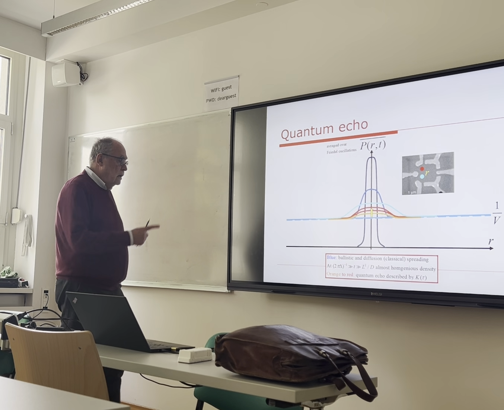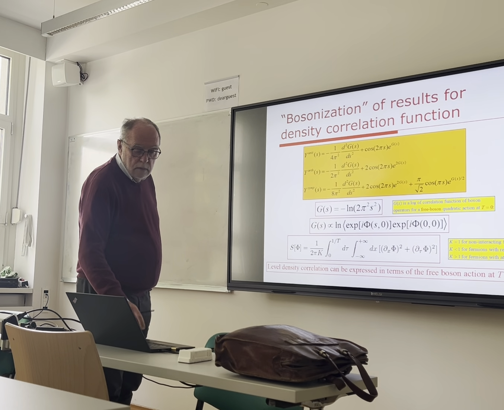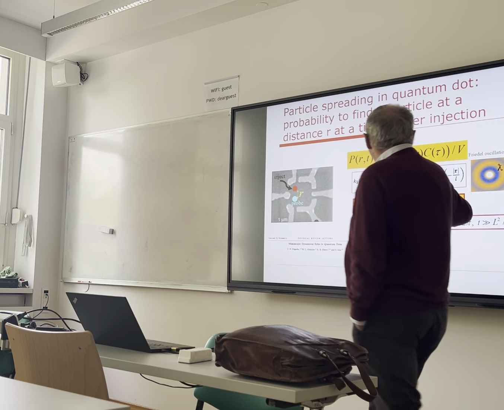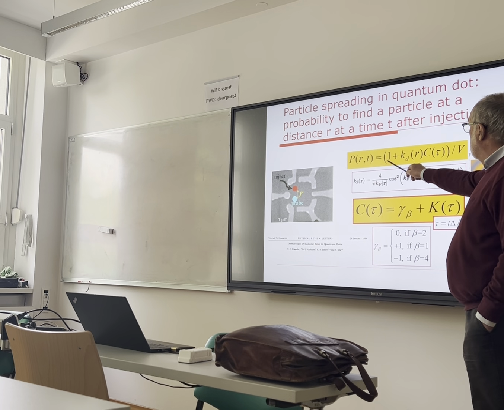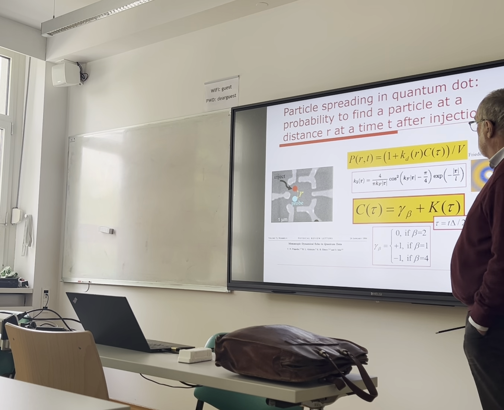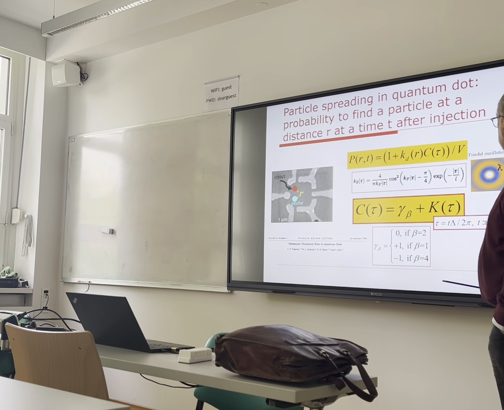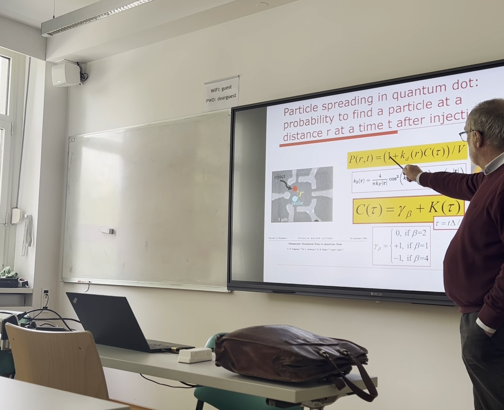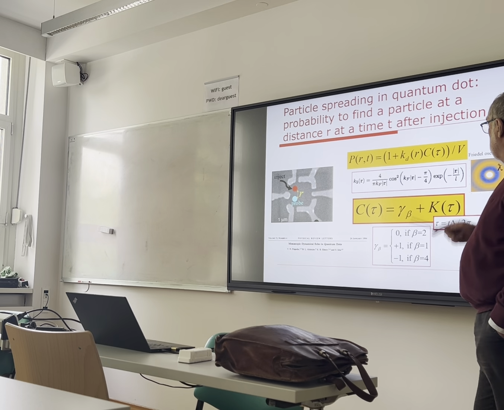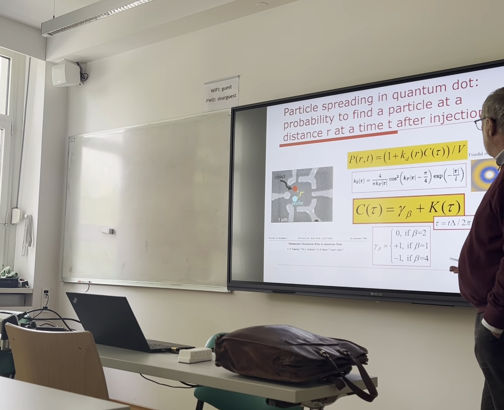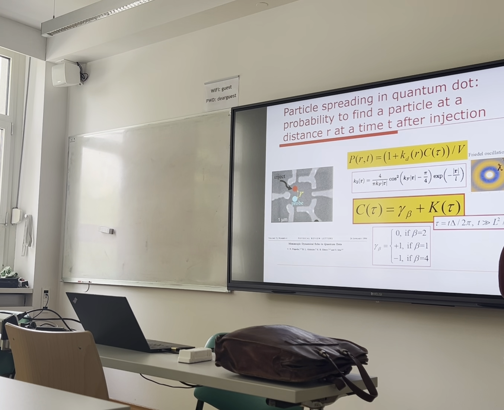At that point, this formula, which is derived in this work, starts to be valid, and what is happening according to this formula is the following: in addition to this one over volume homogeneous part, there is an inhomogeneous part which emerges, and this inhomogeneous part has the form of so-called Friedel oscillations.